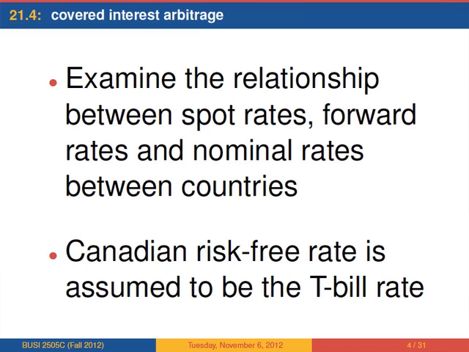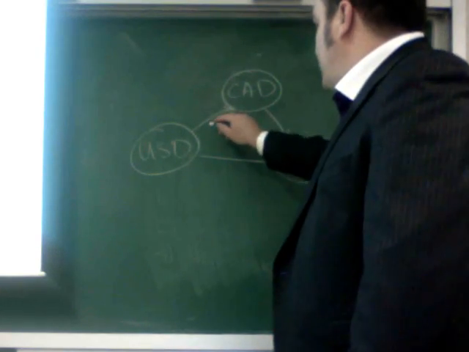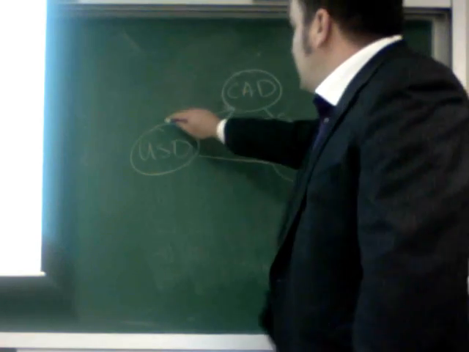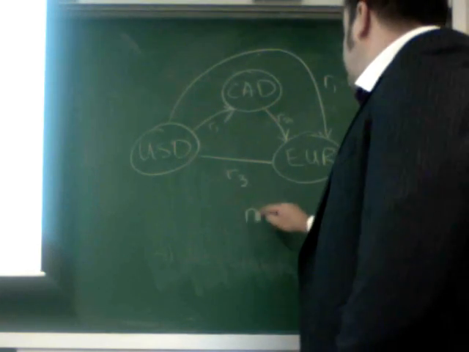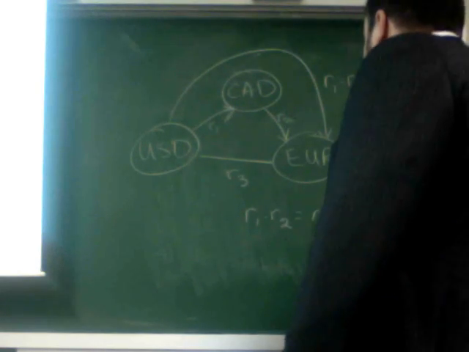The idea of triangle arbitrage is if you have three currencies, then if you have exchange rates R1 and R2, the cross rate, which is R1 times R2, should be equal to R3.